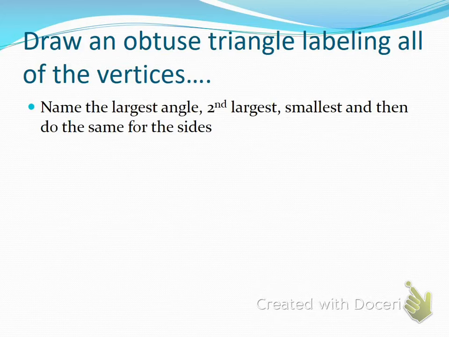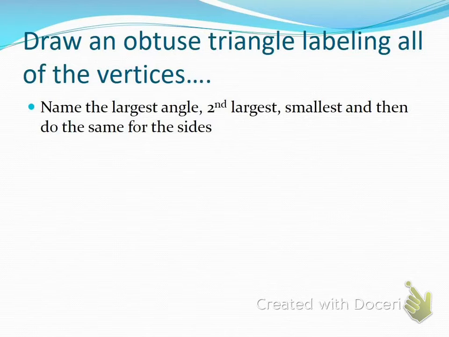Draw an obtuse triangle, labeling all the vertices. Name the largest angle, second largest angle, smallest, and then do the same for the sides. So we are just drawing some obtuse triangle, which means one of the angles needs to be greater than 90 degrees or bigger than 90.